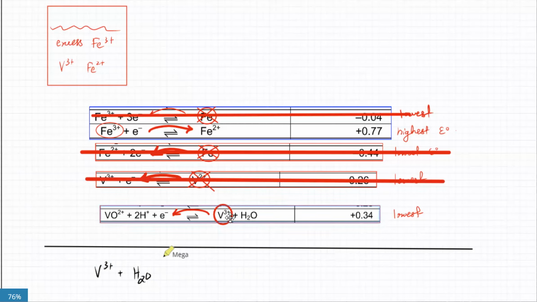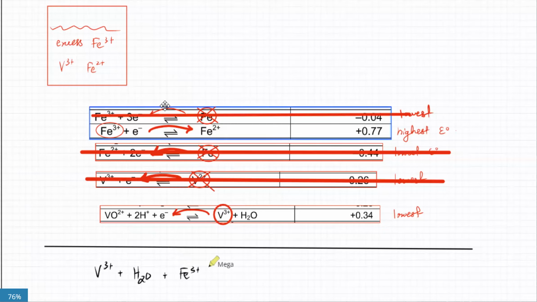If water comes in one equation, even though it's not a reactant that is explicitly mentioned, it's fine. There's no problem with that. So I'll just make this up, V3+ and H2O, and the other reactant in the first one is Fe3+.